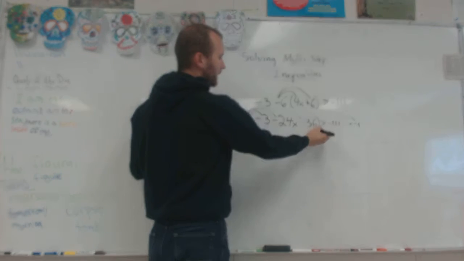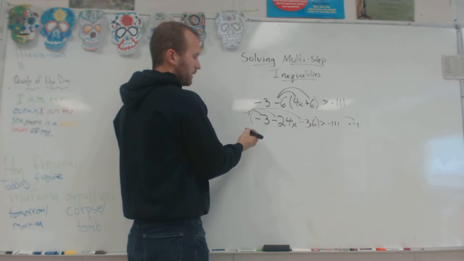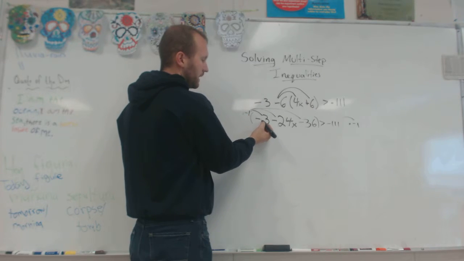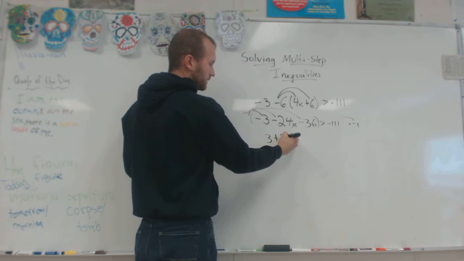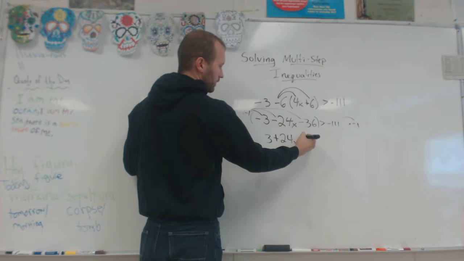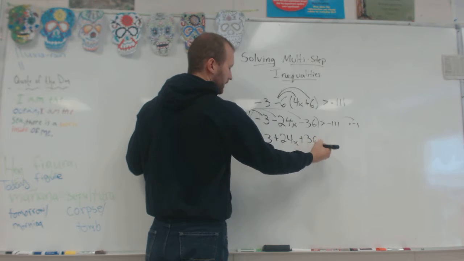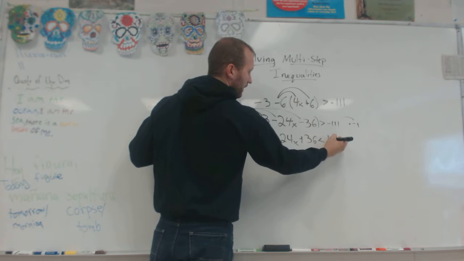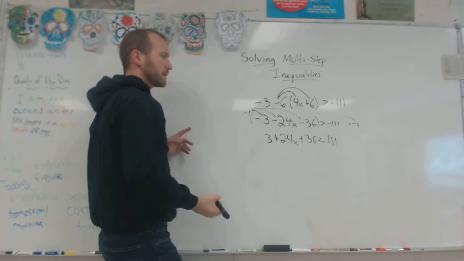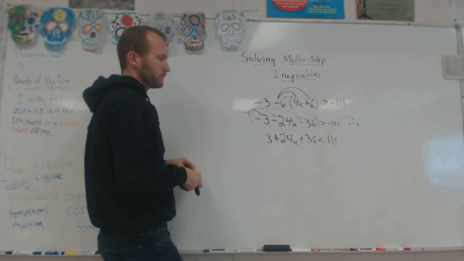I multiply through by negative 1. Negative 1 times negative 3 is 3. And then I'm going to have plus 24x plus 36. I now have to switch the direction of my inequality because I multiplied by a negative. So that's less than 111.